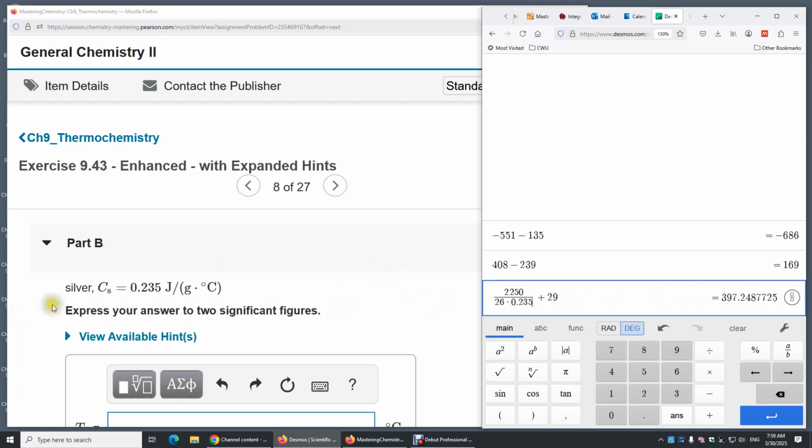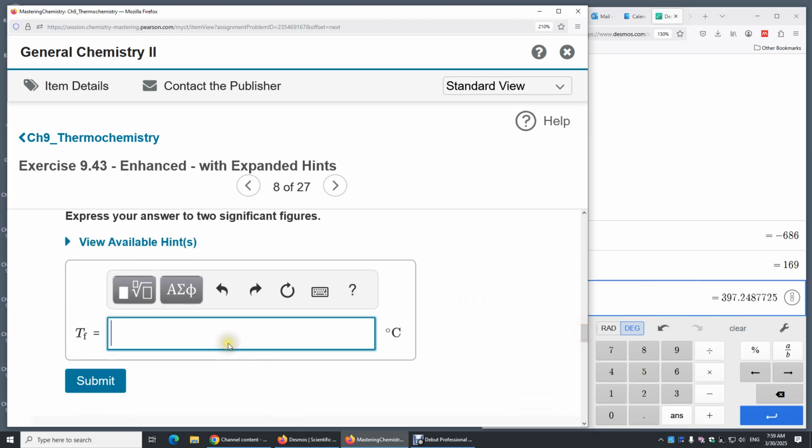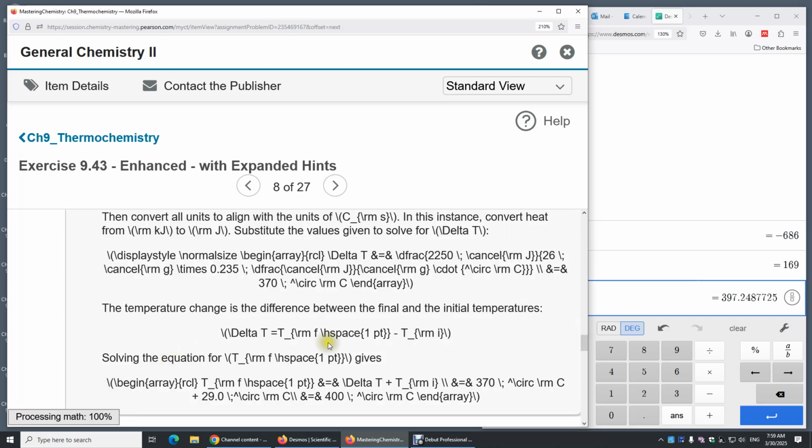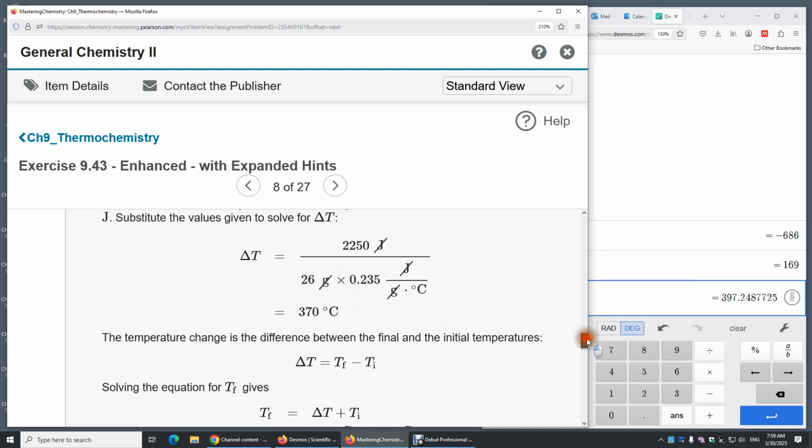We round it to 4.0 times 10 to the power of 2 to keep two sig figures. Submit. You can see the temperature change is smaller for silver. It's smaller because silver has a larger specific heat capacity.